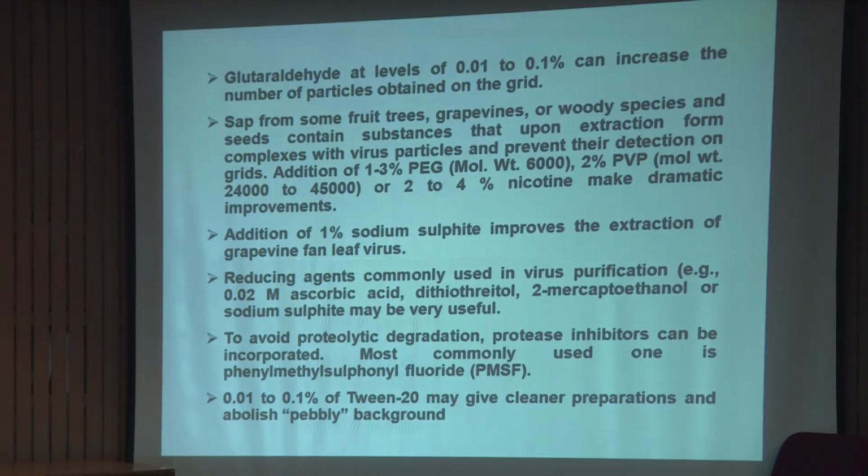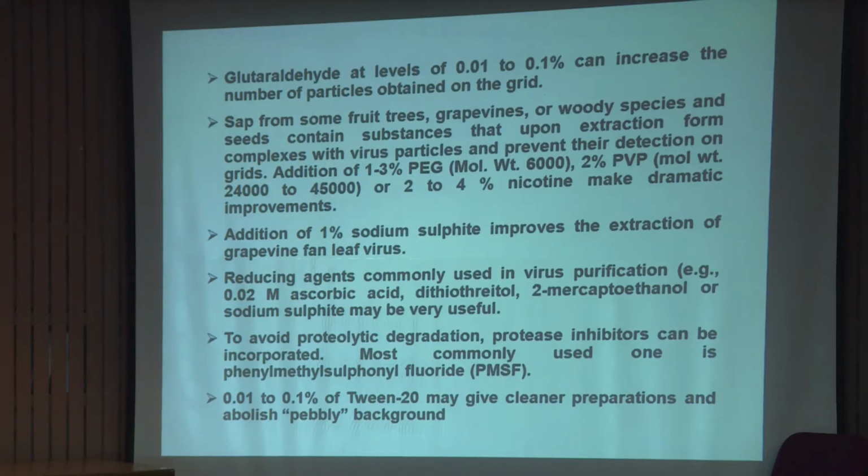And some samples like grapevine and apple have phenolic compounds and other inhibitors in the plants. So we are using some additives like polyethylene glycol or PVP for extraction, for preparation of the virus preparation.